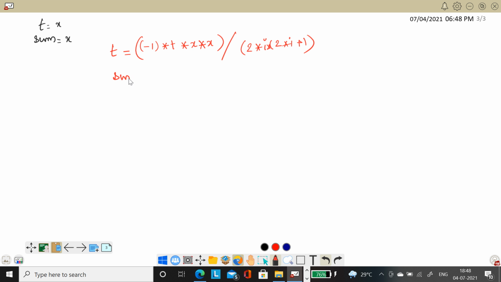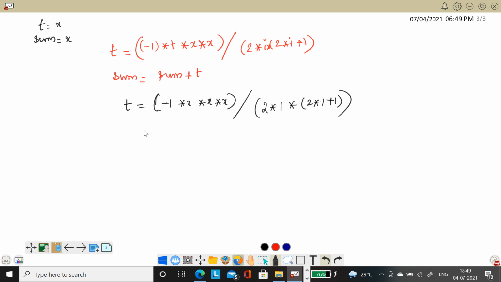So sum is equal to sum plus t. This is the formula that we have written inside a loop. Now let us see how this works. So I will have minus 1 into x into x into x, whole divided by, for I equal to 1, 2 into 1 into 2 into 1 plus 1.